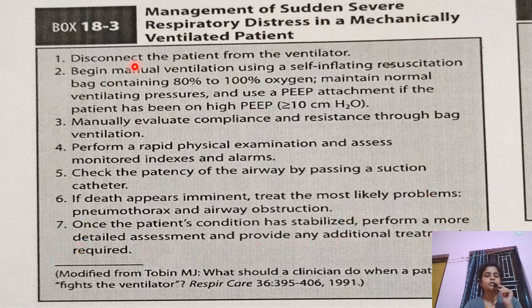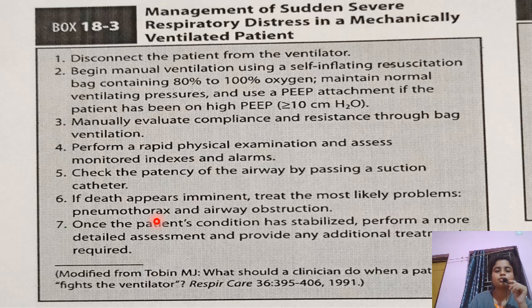Whenever the patient is in distress or there is mechanical ventilator failure, meaning any kind of operational failure in the ventilator, in those cases you should disconnect the patient from the ventilator and use a Bain circuit for ventilating the patient, and manually check the compliance and the resistance. Listen for lung sounds.